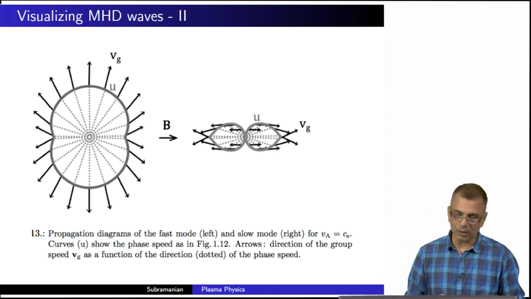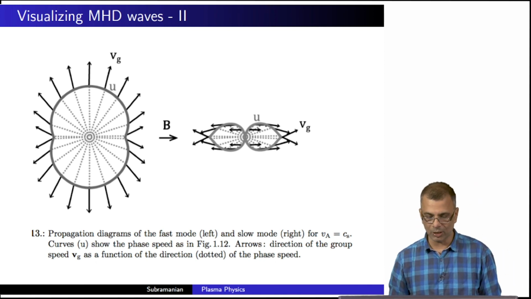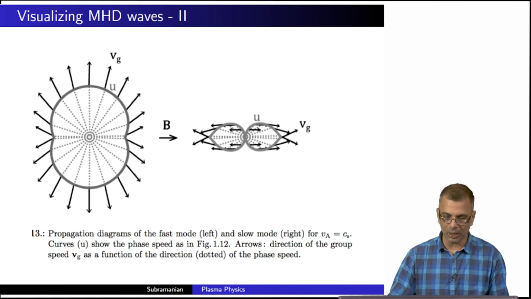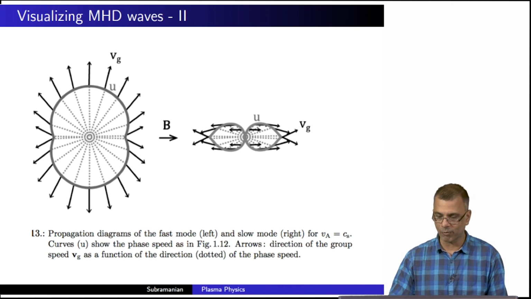The other way of visualizing these MHD waves is this. For instance, this would be the propagation diagram for the fast mode, and this would be the propagation diagram for the slow mode.